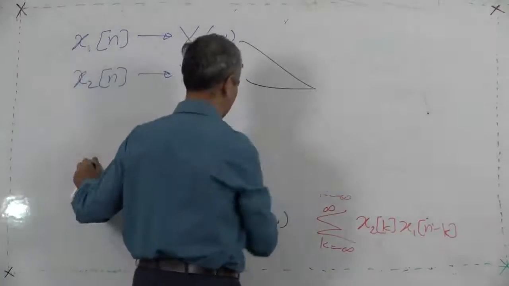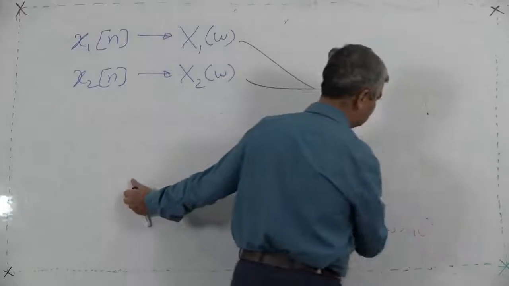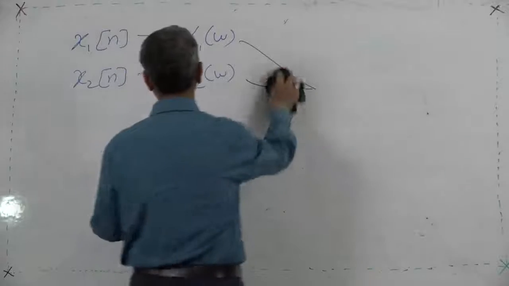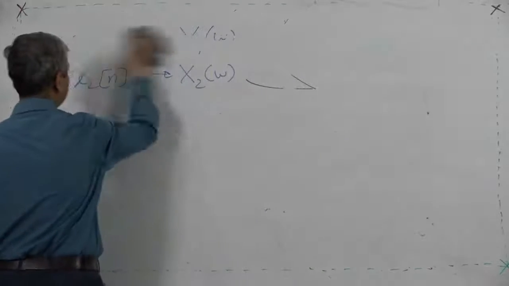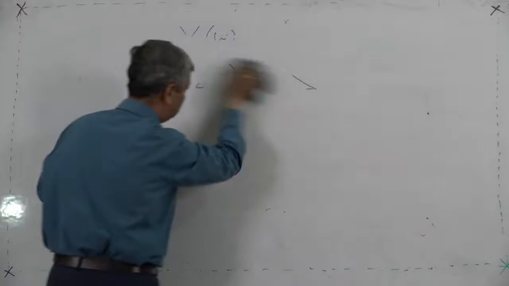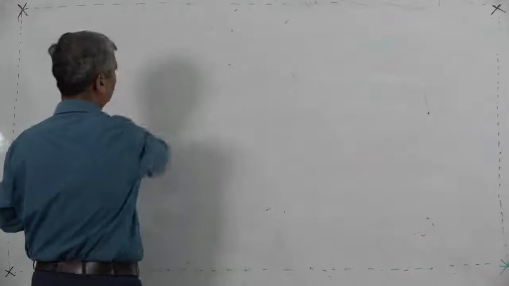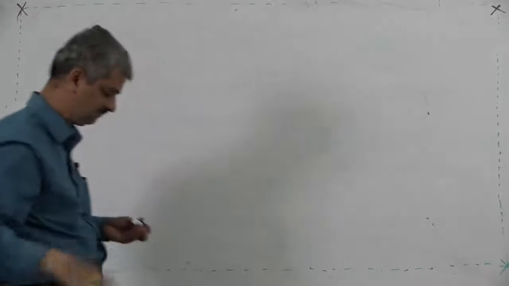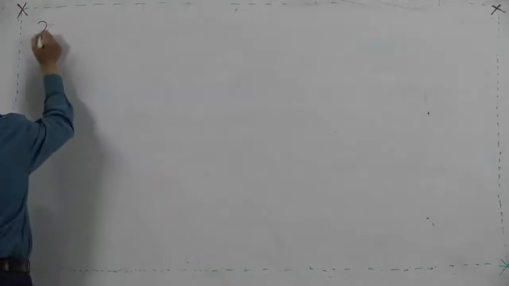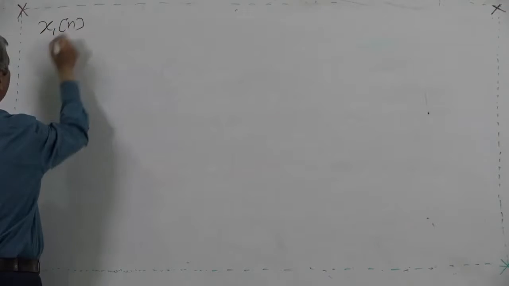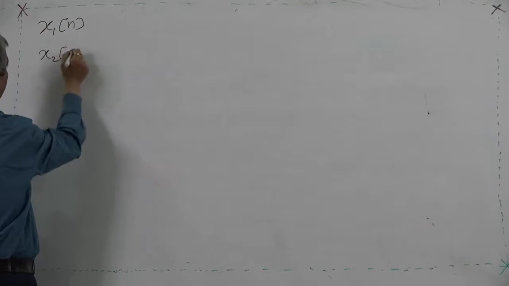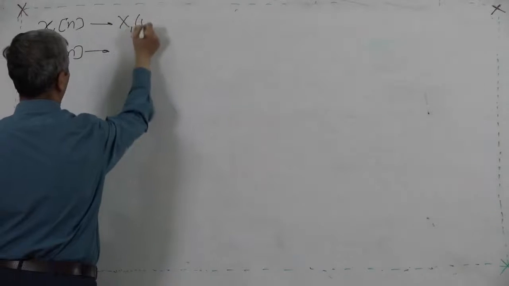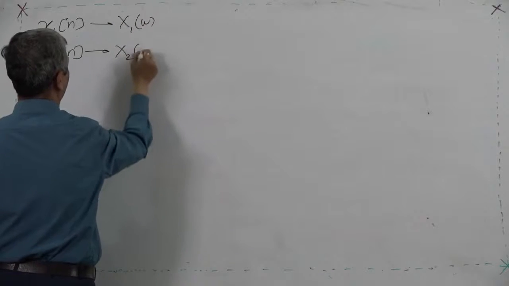So, what is x3 omega? x1n is there, x2n is there, each has its own transform x1 omega, x2 omega.